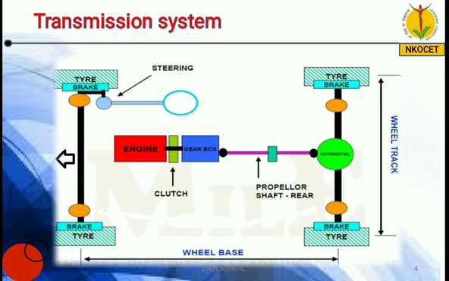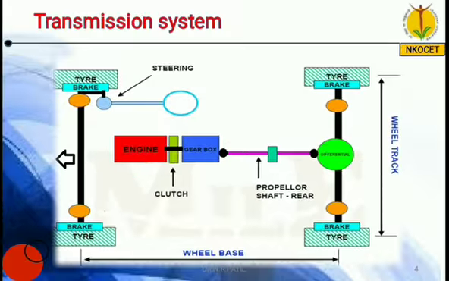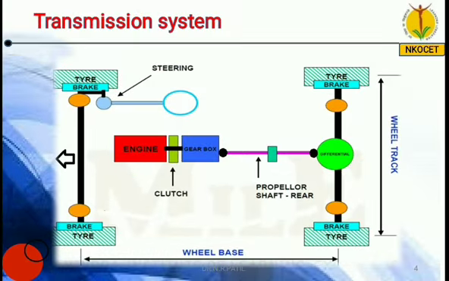So this is a top view of a vehicle. In this top view you can see engine is located at the front. So this is engine, this is gearbox, and in between engine and gearbox you have a clutch.